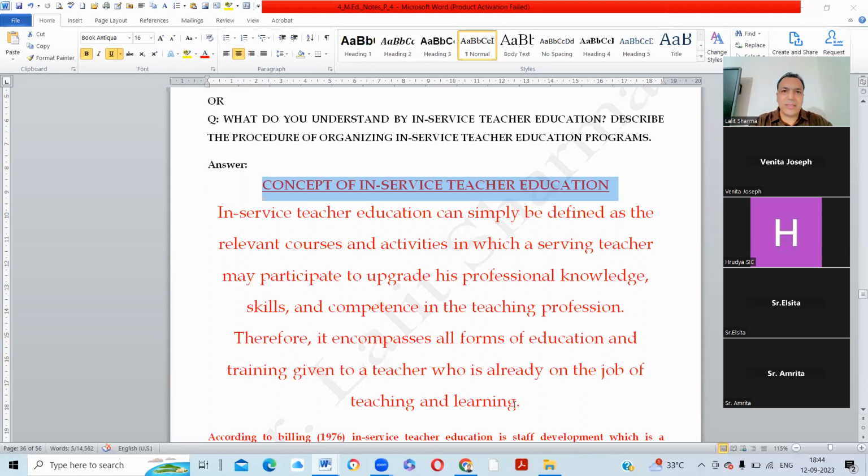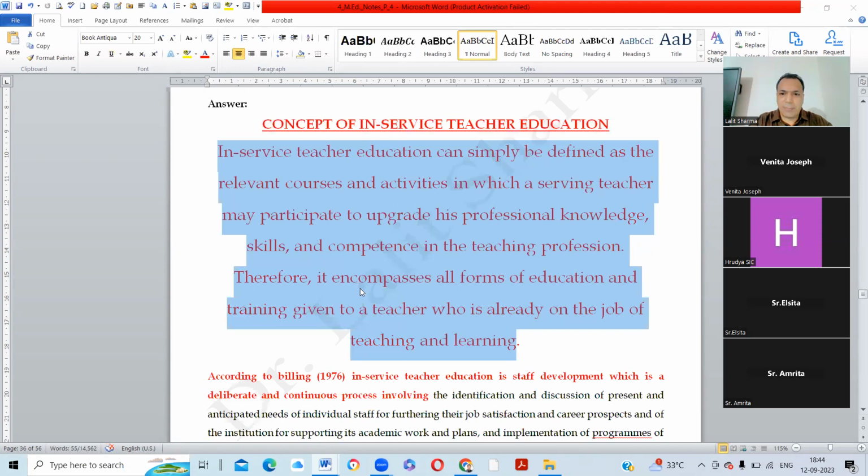In-service teacher education can simply be defined as the relevant courses and activities in which a serving teacher may participate to upgrade his professional knowledge, skills, and competence in the teaching profession. Therefore, it encompasses all forms of education and training given to a teacher who is already on the job of teaching and learning. So this is important, right?